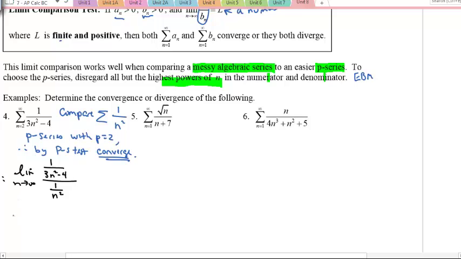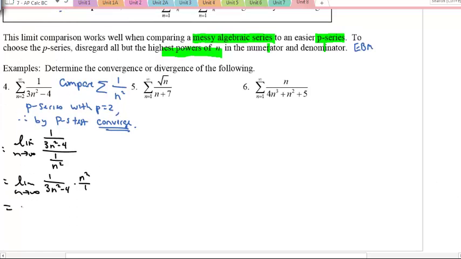This, of course, written nicer, is just the limit as n approaches infinity of 1 over 3n squared minus 4 times n squared over 1. And by the n behavior model, I can now say that we're just comparing n squared with 3n squared, and that gives us 1/3.